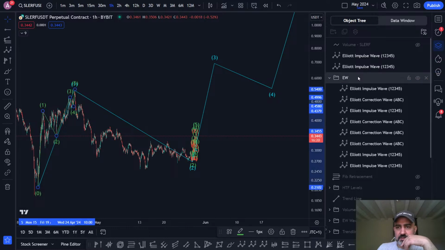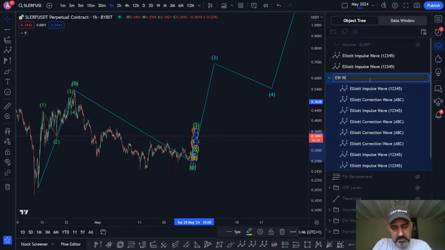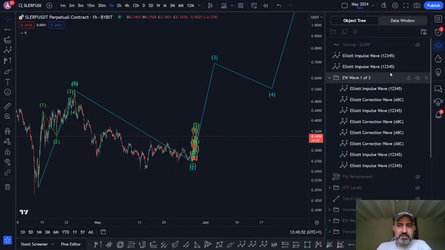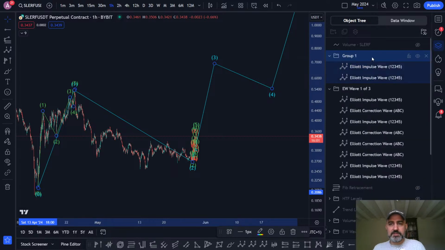Okay. So let me just rename this Elliott Wave, wave 1, 3. It's good to separate these so you can hide them easily, right?